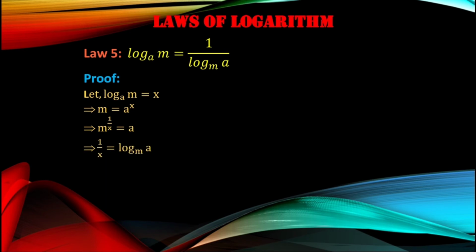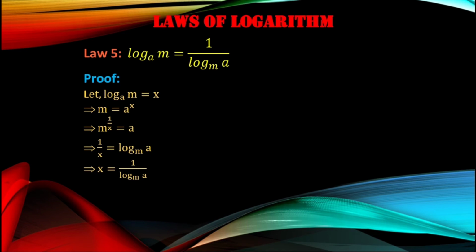This in turn implies, if we again change this exponential form to logarithmic form, that 1 by x equals log of a to the base of m. Log of a to the base of m equals 1 by x.